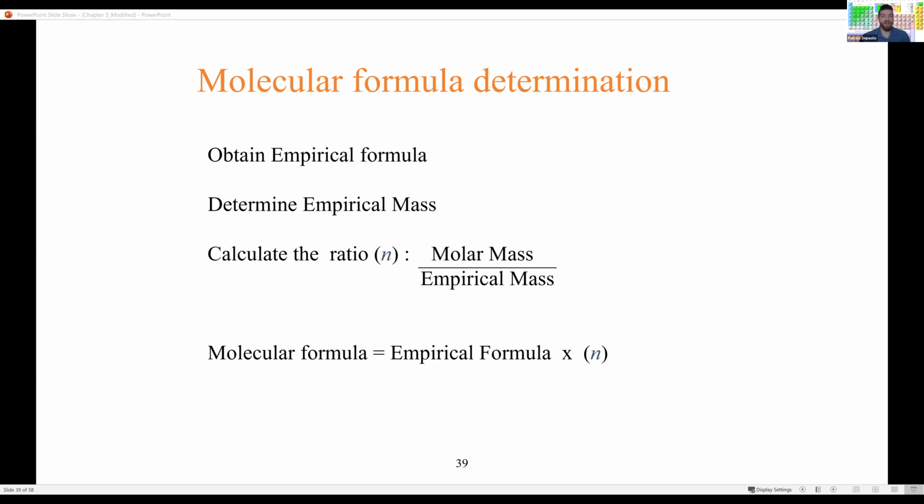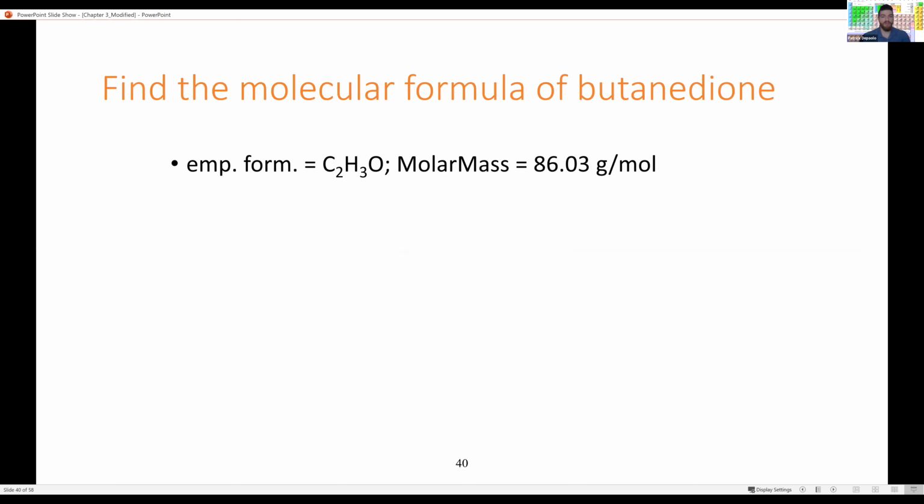So here's how you figure that out, and we'll do an example. Let's say you figure out the empirical formula for a compound containing carbon, hydrogen, and oxygen. You have an empirical formula of C2H3O.